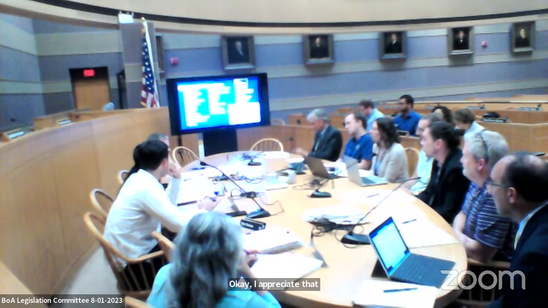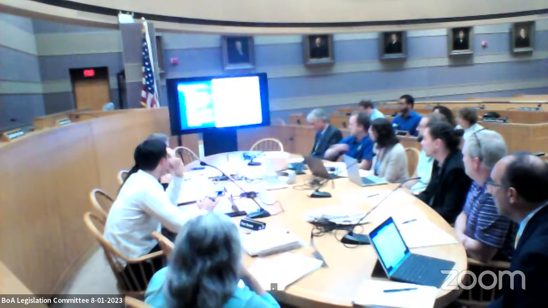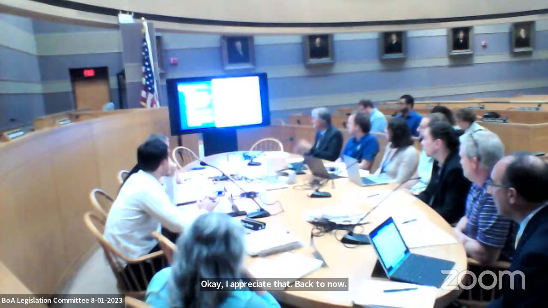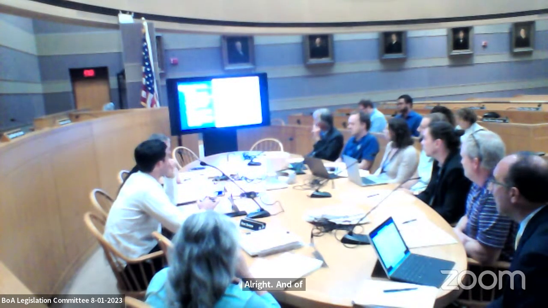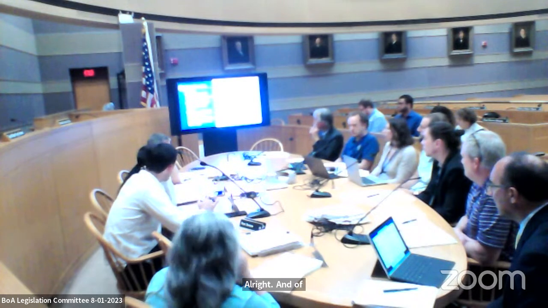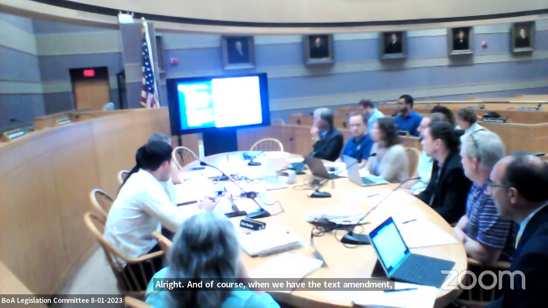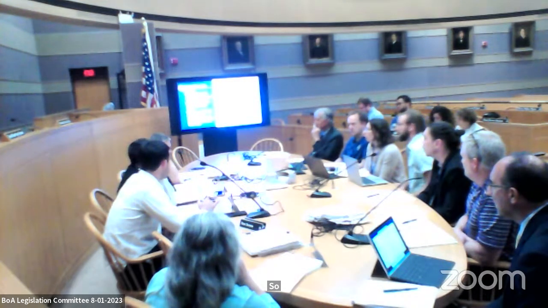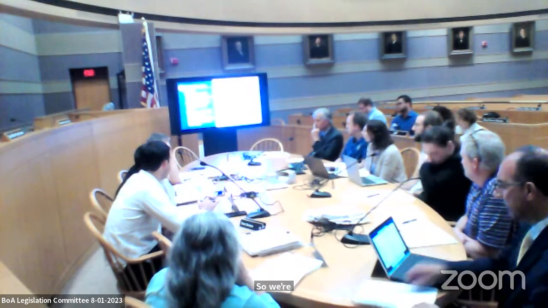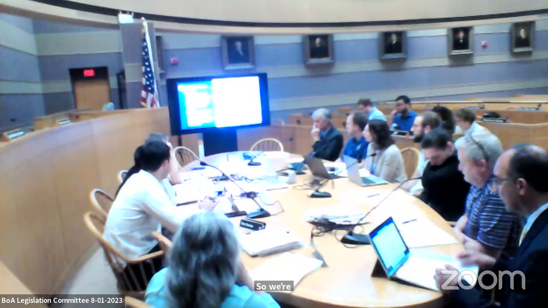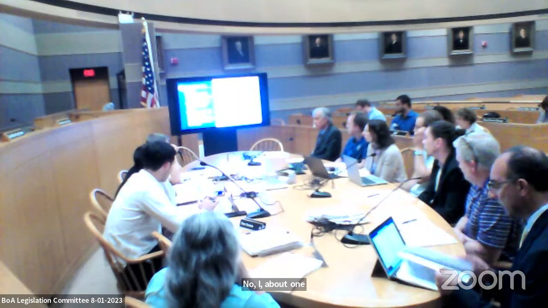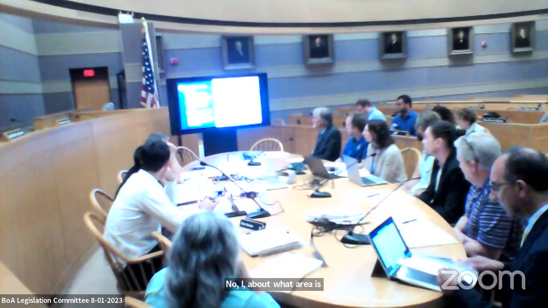Back to the map, if you want. All right. And of course, when we pass the text amendment, we have the metes and bounds and we have GPS coordinates and stuff like that, right? The thing I'm focusing on is no ambiguity about what area is the special flood hazard area.